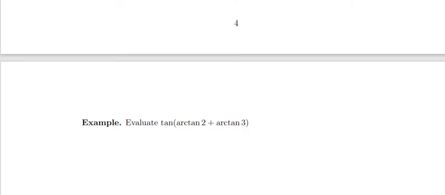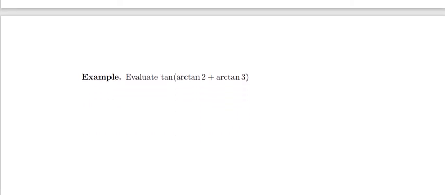Okay. So for angles, we can also use arcsine, arccosine. Those usually we can use just in the first quadrant, so we don't need to check positive, negative. Okay, so for this one, let's say we want to find tangent of arctangent plus arctangent.